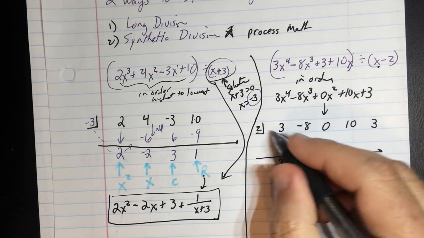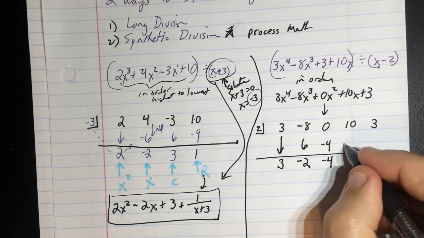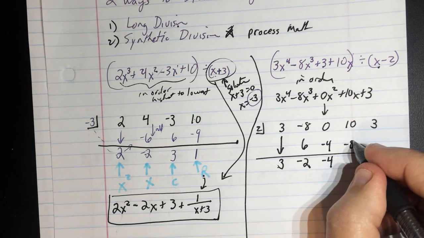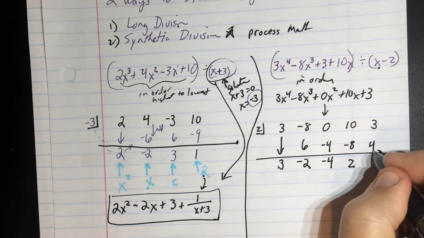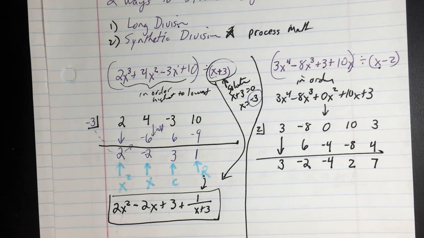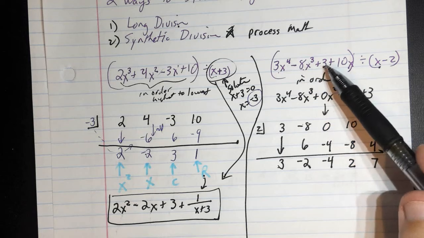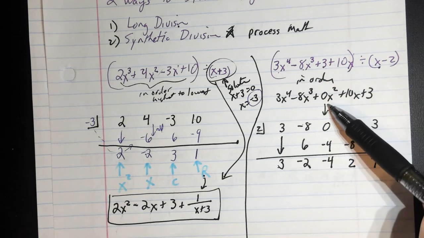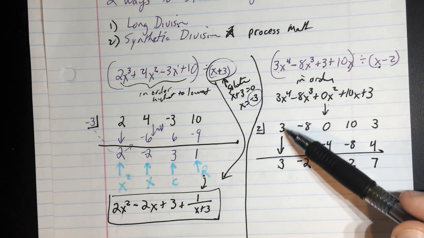Add, multiply, add, multiply, add, multiply, and we get 7. So we're going to have 3, negative 8, be sure I did this right, 0x squared, x, and 3, yeah, that's right, that's a 3.